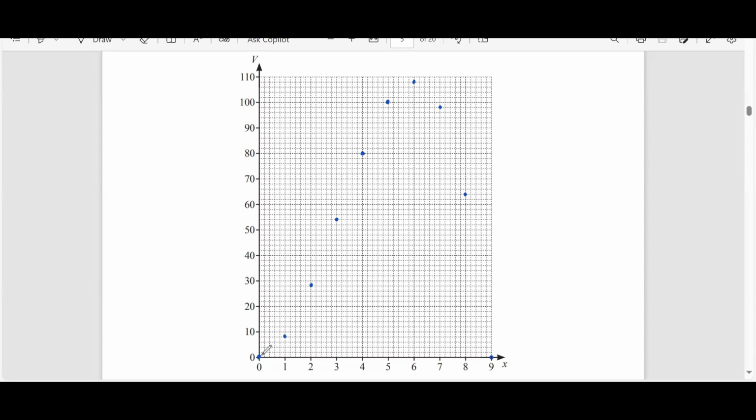We just have to join these points. You don't have to use a ruler here, a rough sketch is fine. So this is the graph that we have. So the second subdivision is done.